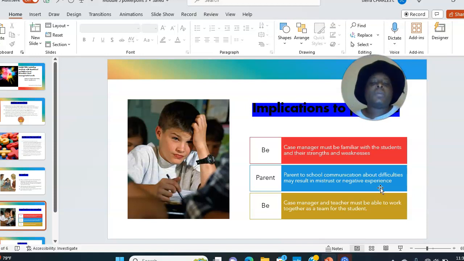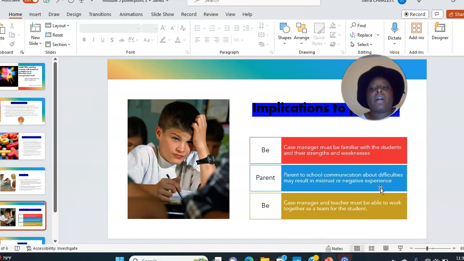Now, I've seen not just with case management, but with other professionals as well, that sometimes the teacher as well as the other professional that may be providing a service for that student may not be on the same page. So maybe the speech therapist wants to implement something in the classroom, and the teacher may not feel like that student is ready, or the teacher does not feel like it will support or benefit that child.